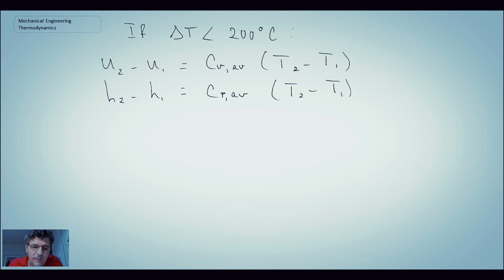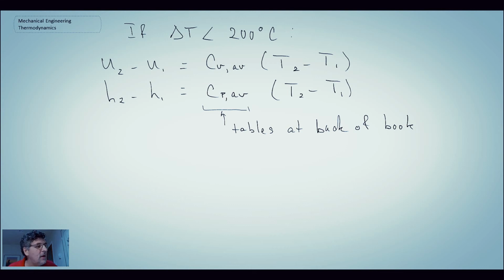That would be an approximation for the change in either internal energy or enthalpy. And for values of specific heat, again, there should be tables at the back of your book where you can estimate the values of specific heat for whatever gas you might be looking at.